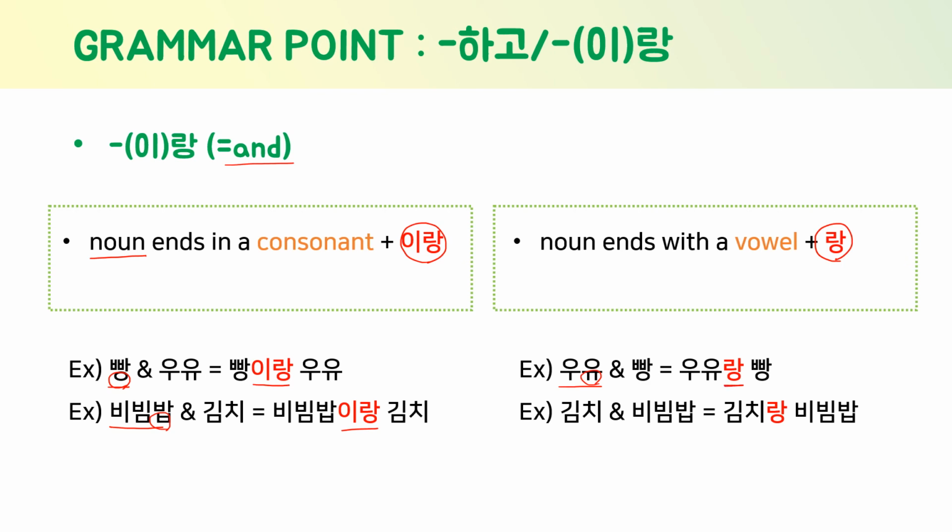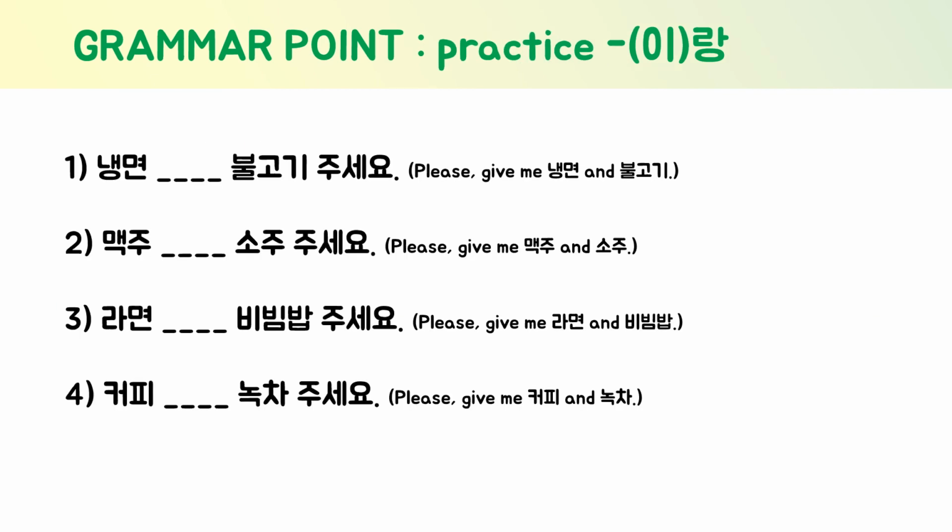So 우유랑 빵. So milk and bread. Kimchi and bibimbap. Kimchi, the noun ends with a vowel, so you add 랑 instead of 이랑. So 김치랑 비빔밥. Okay, so let's practice.